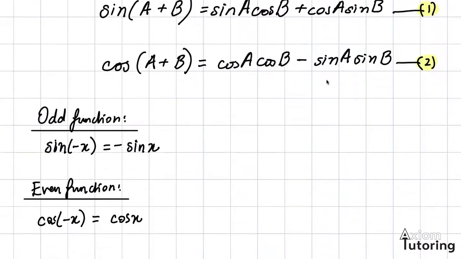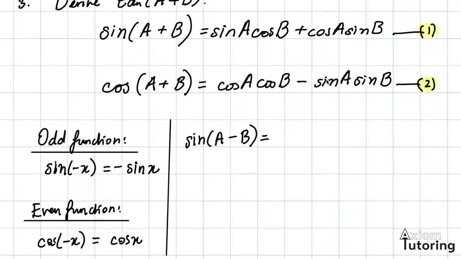derive sine of a minus b and then cos of a minus b. So let's start with sine of a minus b here. So sine of a minus b, well, we can see here our a hasn't changed. It's still positive a.